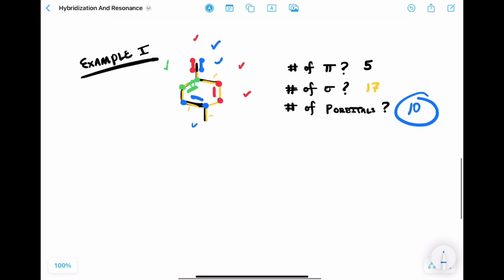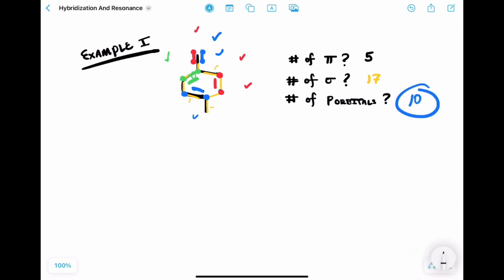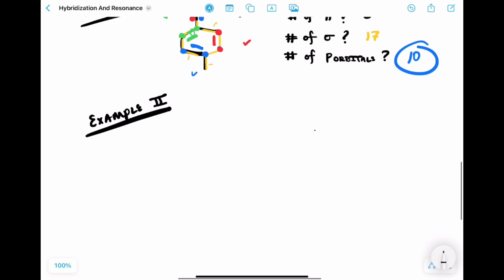And so we can do this with a similar example. Hopefully it's more streamlined now that you know. Let's do, put oxygen there.